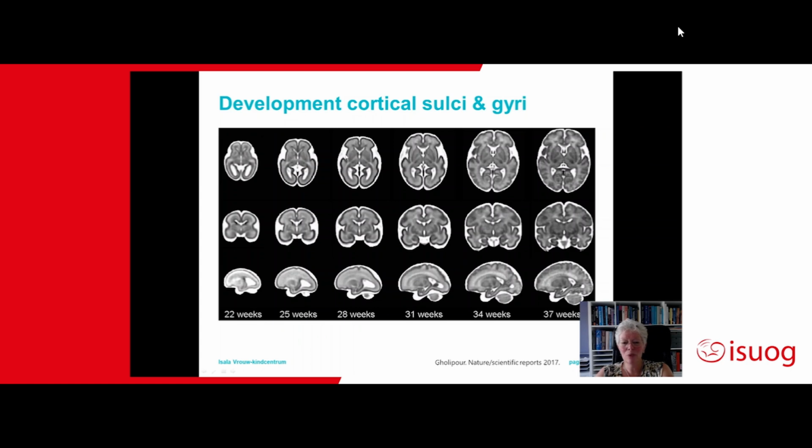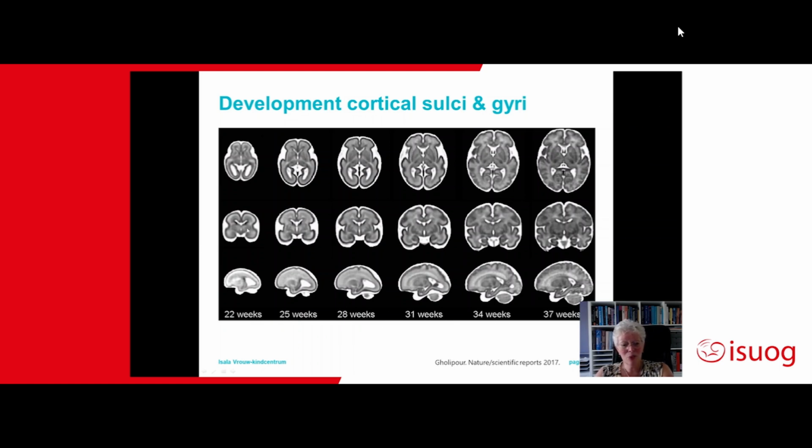And if we look throughout development, we can see that this sulcation becomes deeper. And you can see that the brain parenchyma of the parietal lobe and the frontal lobe are increasing in size and growing over this Sylvian fissure or insula, which is called operculation.